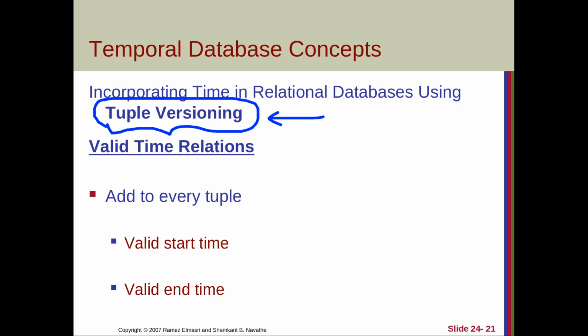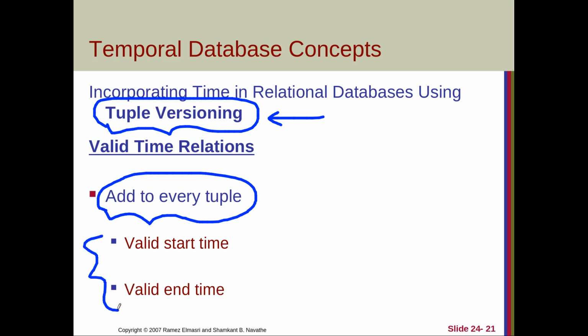So here we need to consider both valid time as well as transaction time relations. First of all, we'll discuss valid time databases where we are using valid time relation. In order to maintain this valid time relation, what we are doing is adding two special attribute values into every tuple that is present in the database table.